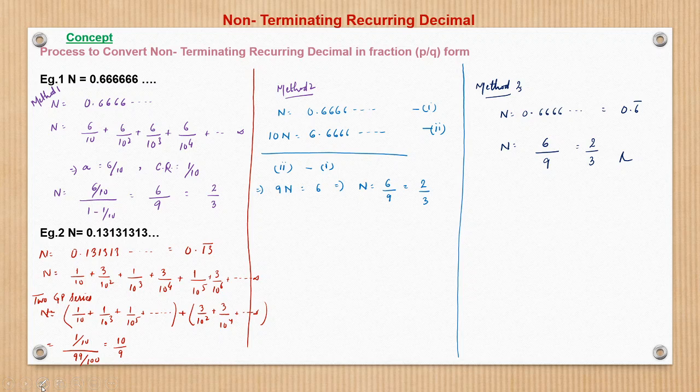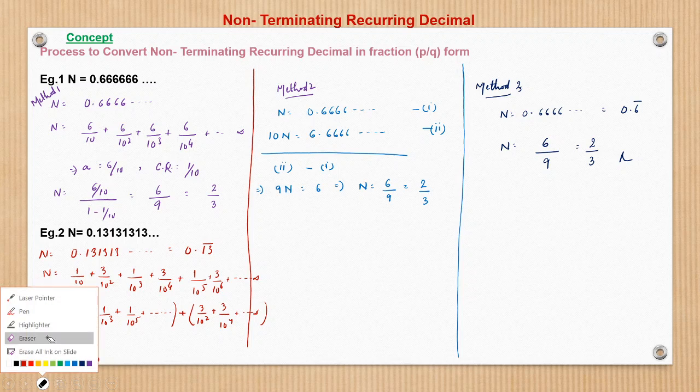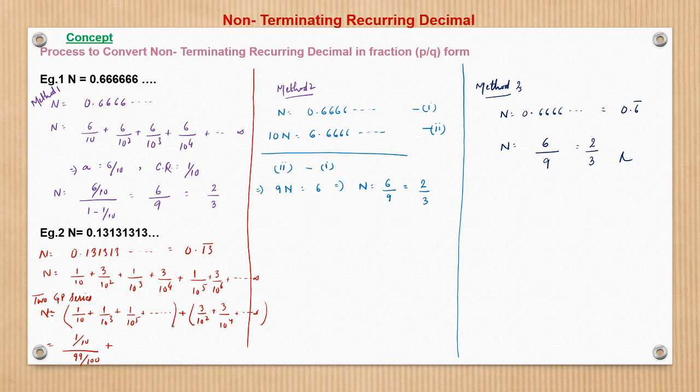The second term we can write as 3 by 100 upon 1 minus the common ratio 1 by 100, which is 99 by 100. So that is 3 by 99. The summation becomes 13 by 99. This is the answer, 13 by 99.